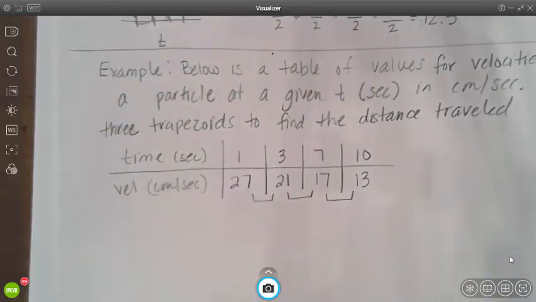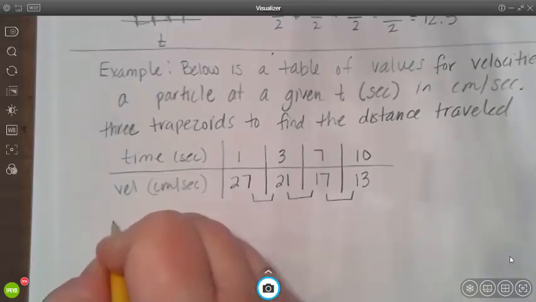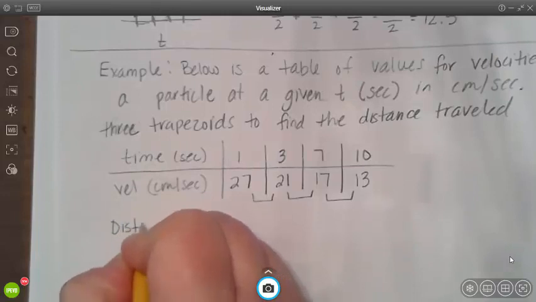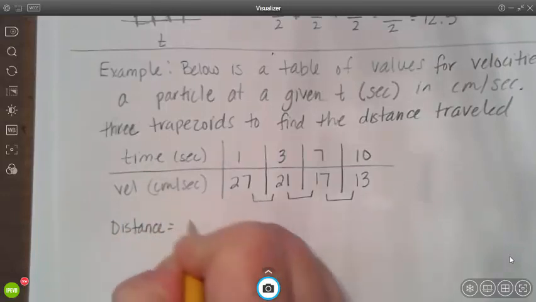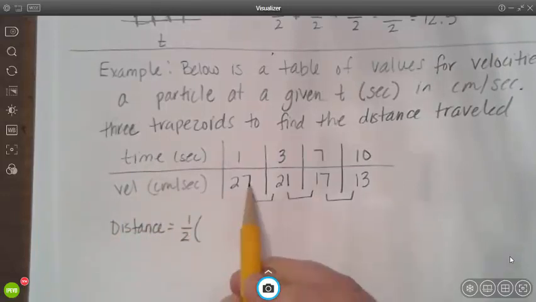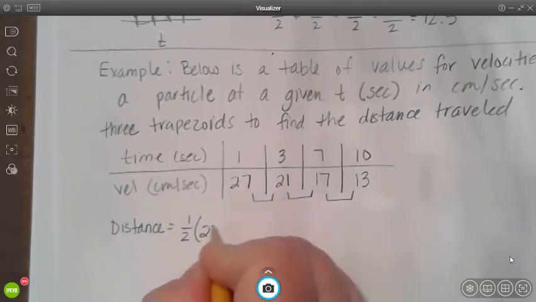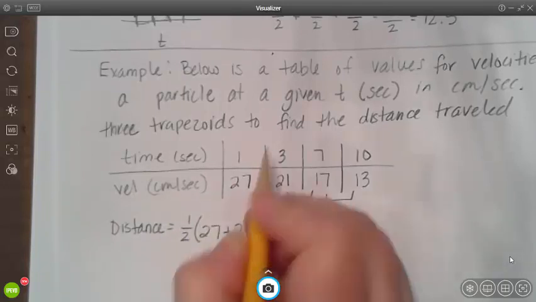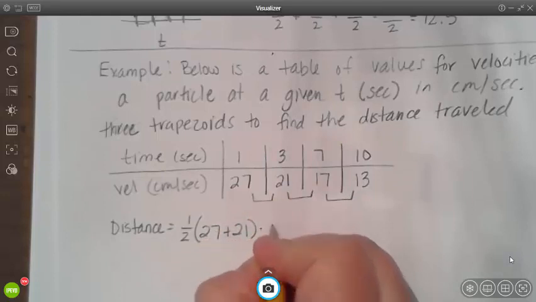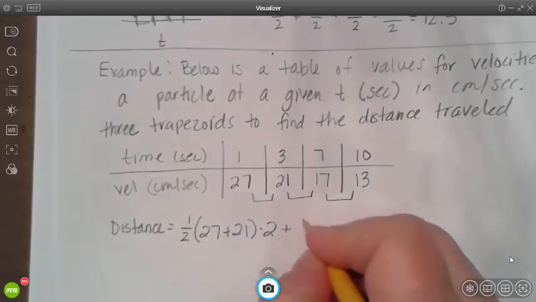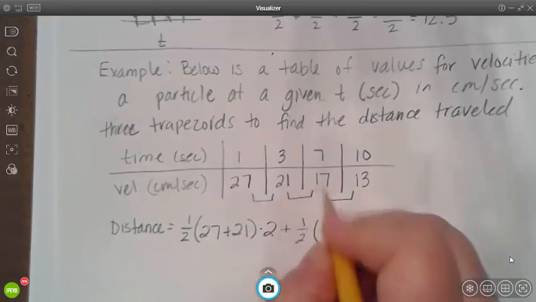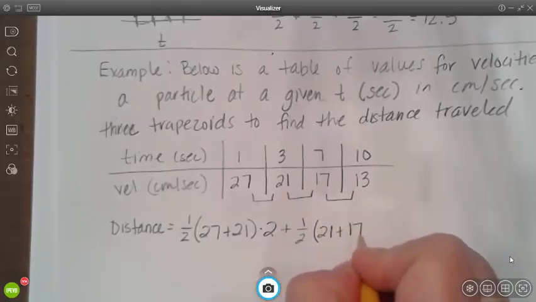All right, so we're going to find the distance traveled over those 10 seconds. So the distance is going to be 1/2. Here's my first interval, so I have 27 plus 21. And then this height, or that total time I went, was 2. Okay? Plus 1/2 times 21 plus 17.